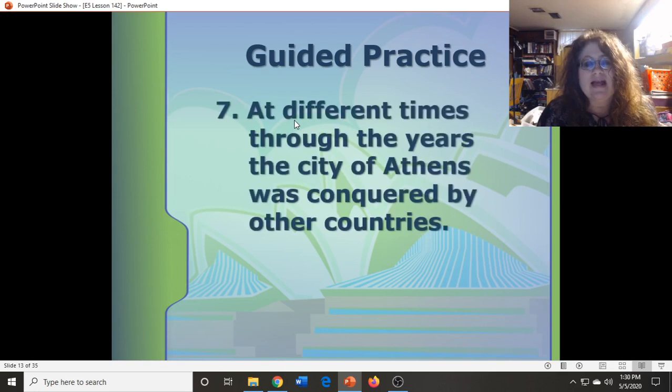Number 7. At different times through the years, the city of Athens was conquered by other countries. Ooh, lots of prepositional phrases. At different times throughout the years. And then the comma goes after years because this is a long prepositional phrase that begins the sentence. By other countries, of Athens. We have so many prepositional phrases.